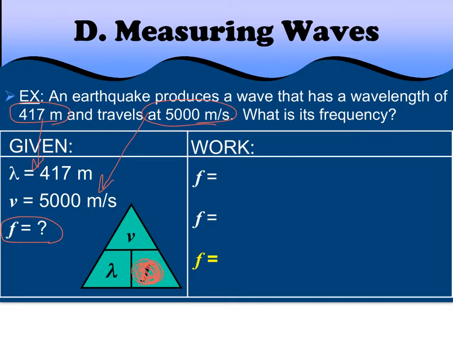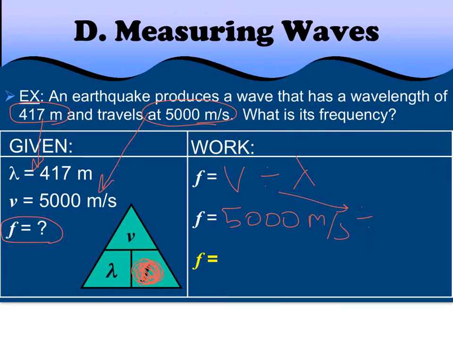And we know that we're going to take velocity divided by the wavelength. We know that the velocity is 5,000 meters per second. Again, I'm carrying down the dividing sign, so we know what I'm doing.